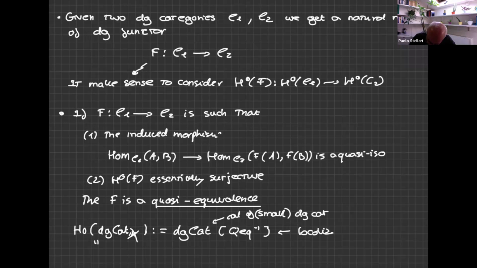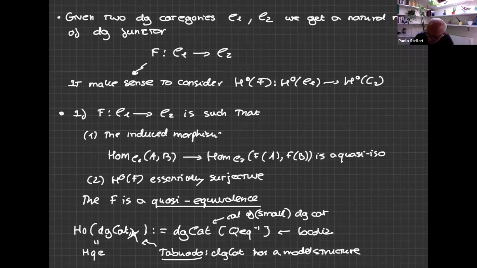Sometimes I use the shorthand HQE, according to the old tradition, for this category. And even though this category is defined in terms of localizations, since by Tabuada, DGCat has a model structure, this definition motivates the fact that the localization is indeed called the homotopy category, right? Because it's precisely the homotopy category of this model category.